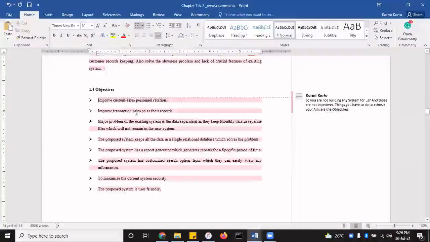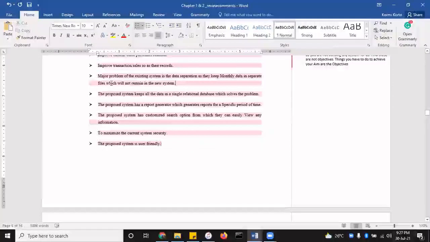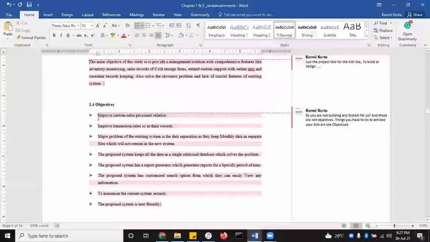Improve transactions, sales, so as their records. I don't even know what that means. Sometimes you guys write English that is so complicated, nobody even understands it. I'm pretty sure you also don't understand what you've written. So there's nothing over here that indicates an objective.